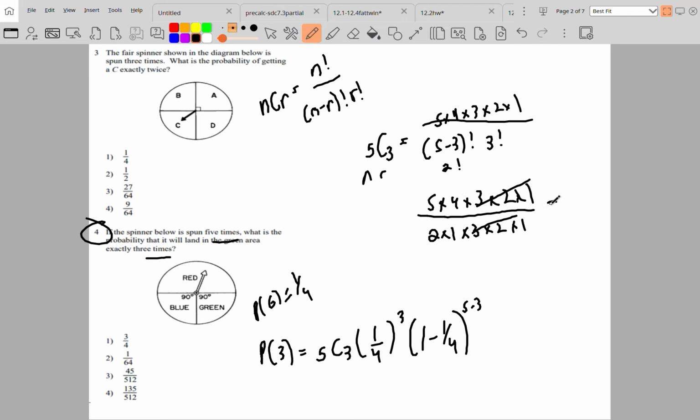And 5 times 4 is 20 over 2, 10. So this piece becomes 10. If you take a quarter and you cube it, 1 cubed is 1, 4 cubed is 64. This piece right here becomes 1 minus a quarter is 3/4. And we have to square it, so it becomes 9/16.